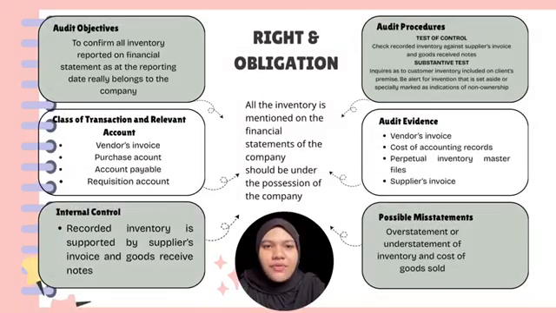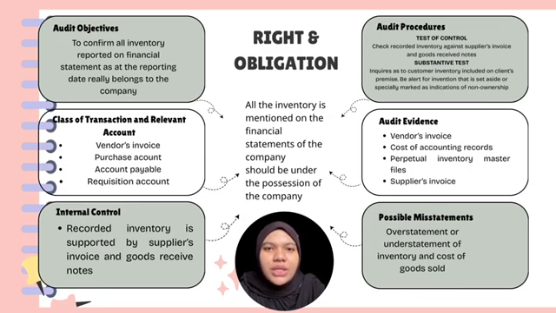For the assertion of rights and obligations in inventory auditing, the main objective here is to confirm that all inventory reported in the financial statements truly belongs to the company. This involves reviewing documents such as vendor invoices, purchase accounts, and goods receipt notes. Internal controls are vital. Inventory must be supported by proper documentation.